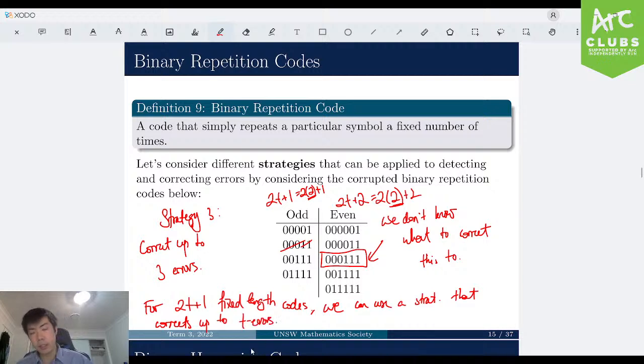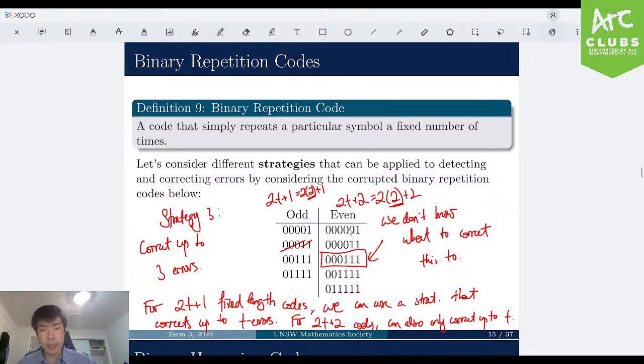You can't exceed that, because once you exceed that, it's symmetric across both sides, right? And for even codes, so 2t plus 2 codes, similarly, our maximized strategy can only correct up to t. Okay. The same thing here, right?